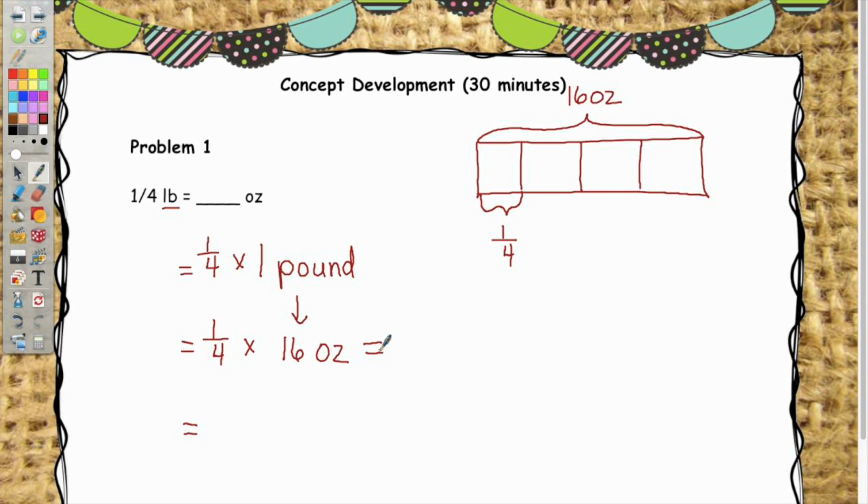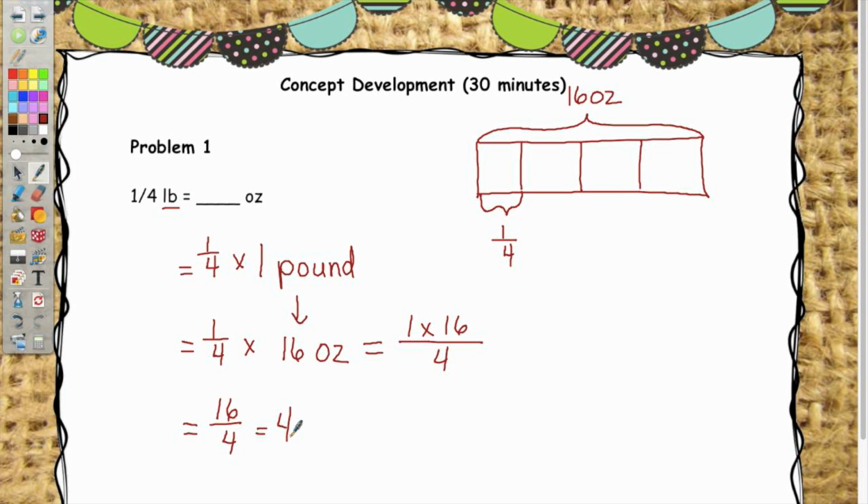I'm going to do it here to save a little room. 1 times 16 divided by 4. So I can kind of ignore that 1, can't I? What's 16 divided by 4? 16 divided by 4 equals 4.